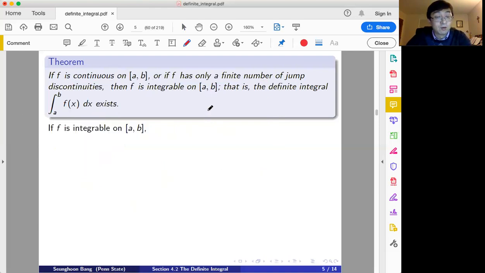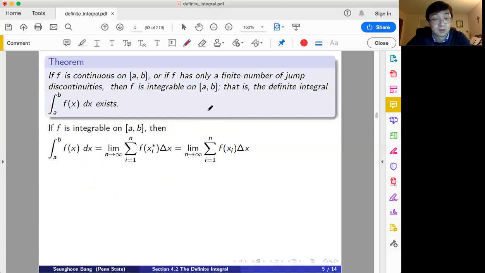One more. Function f is integrable on the interval [a, b]. So what is the integral from a to b of f of x dx? The exact definition is the limit as n approaches infinity of the summation from i equals 1 to n of f of xi star times delta x.